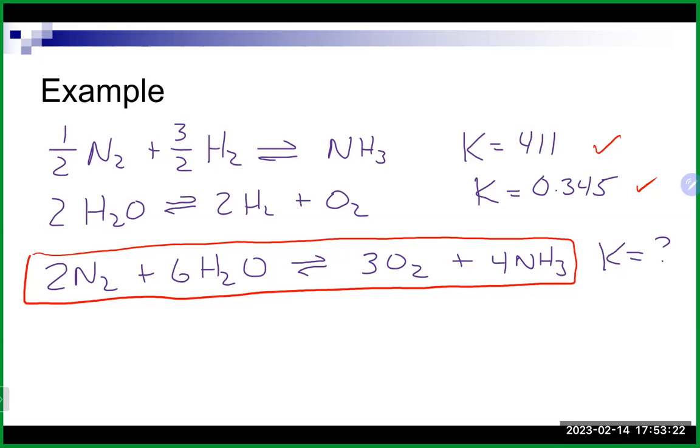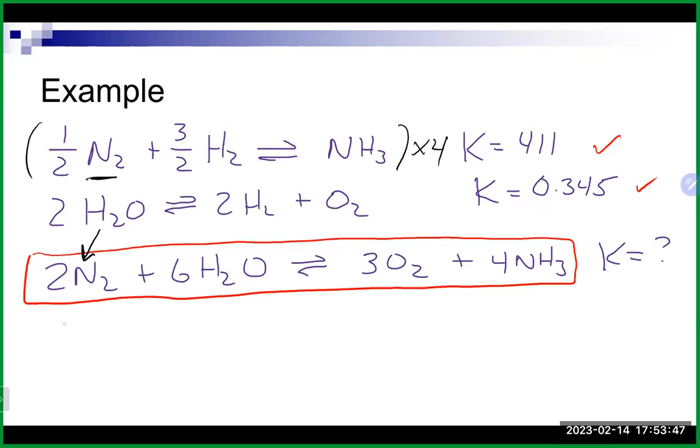The easiest approach is to make sure everybody's on the correct side, and you have the right amount of everybody. For example, in the equation I'm looking to end up with, I have N2 on the left, which I do here, but I need 2 of them. And up on top there, I only have a half. So I need to multiply this by 4, I believe, to get there.